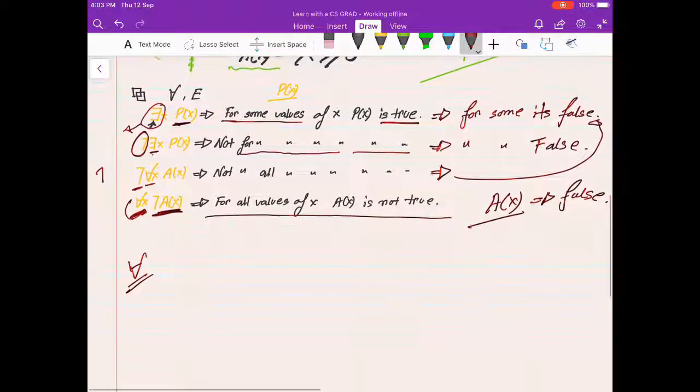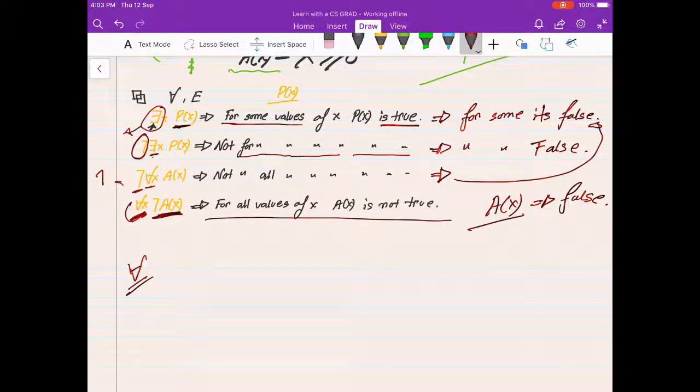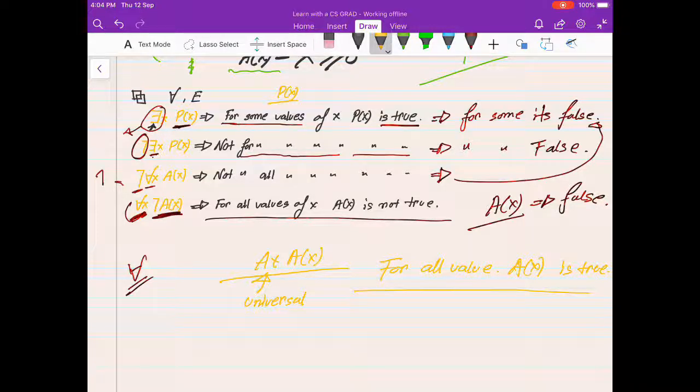So let's get into the more complex ones. This one, A of x. So let's see. This means a universal quantifier, right? For all values, the function A of x is true. Let's forget about the not up front. If we forget about this, then this means this, right?